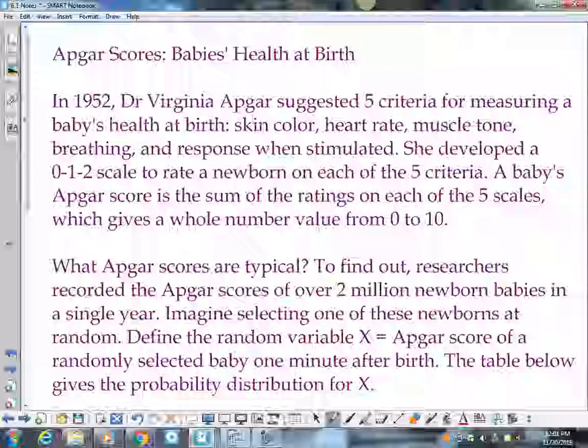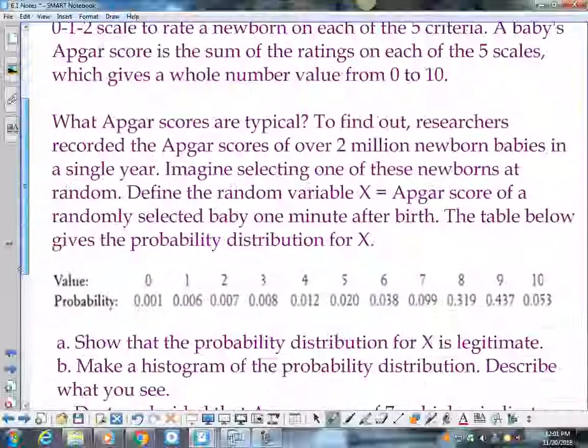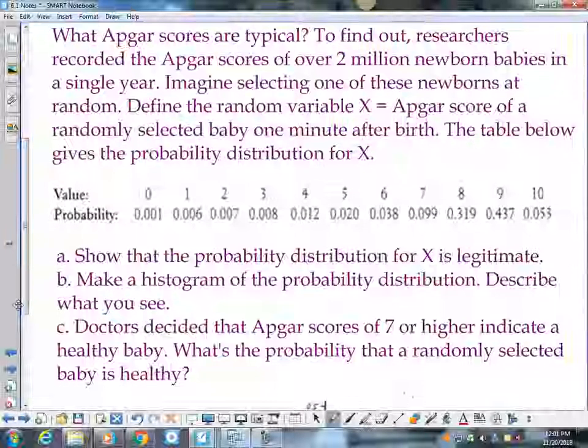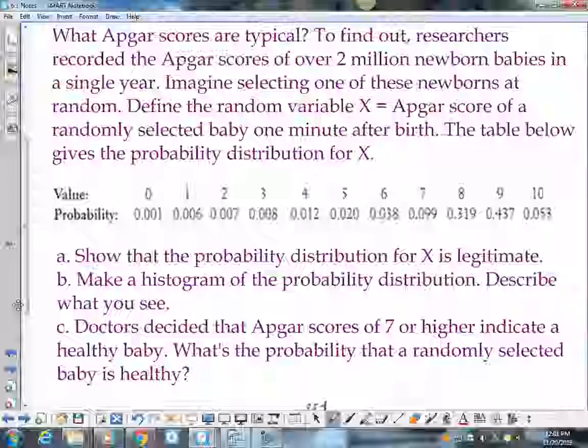Okay? What Apgar scores are typical? To find out, researchers recorded the Apgar scores of over 2 million newborn babies in a single year. Imagine that we're going to select one of these newborns at random. Define the random variable x equals Apgar score of a randomly selected baby 1 minute after birth.